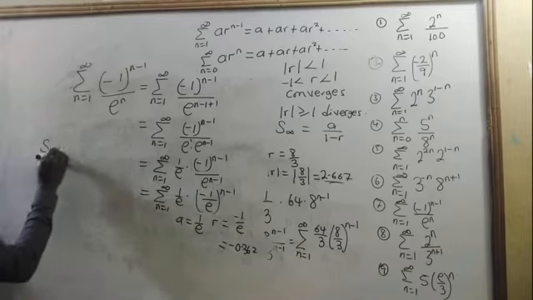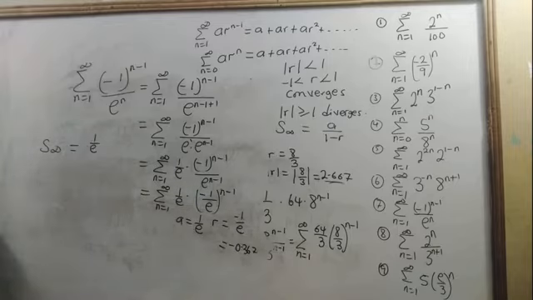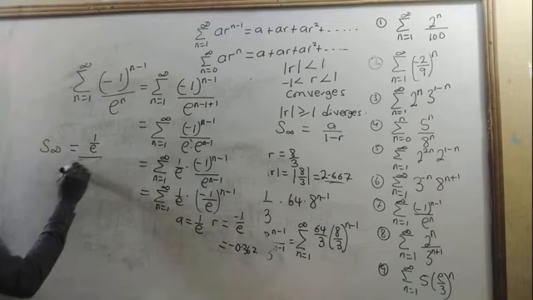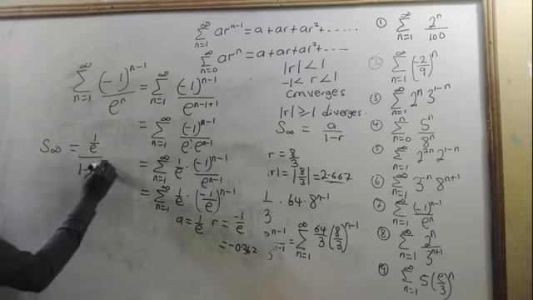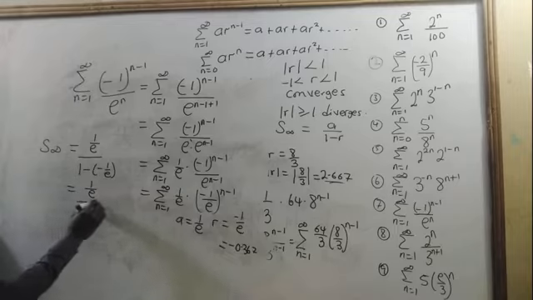The sum up to infinity is equal to a, that is 1 divided by e, all divided by 1 minus negative 1 on e. And that will give us 1 on e divided by 1 plus 1 on e.